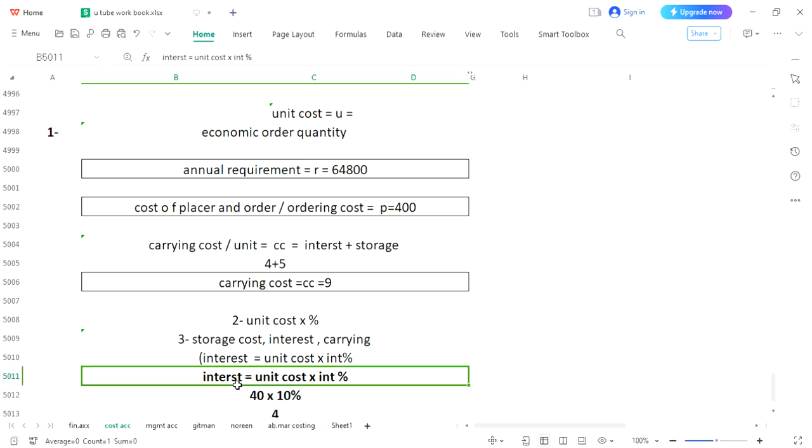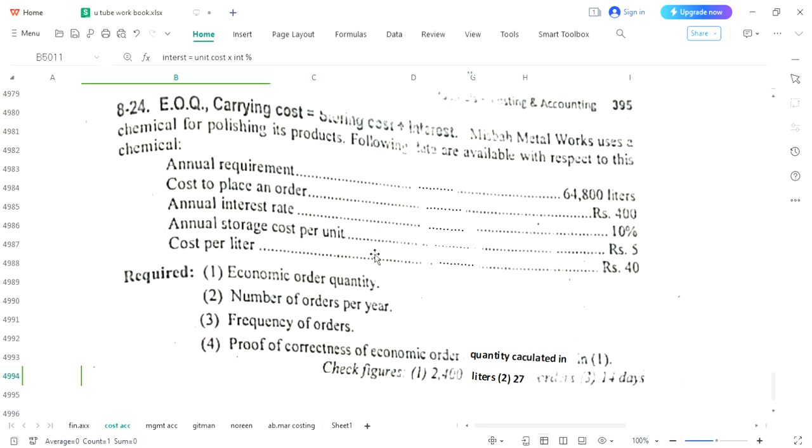You have taken unit cost, which was 40, taken 10% interest, 4, put over here. Storage was given in your question, that was 5. So 5 plus 4, 9, is the total carrying cost.